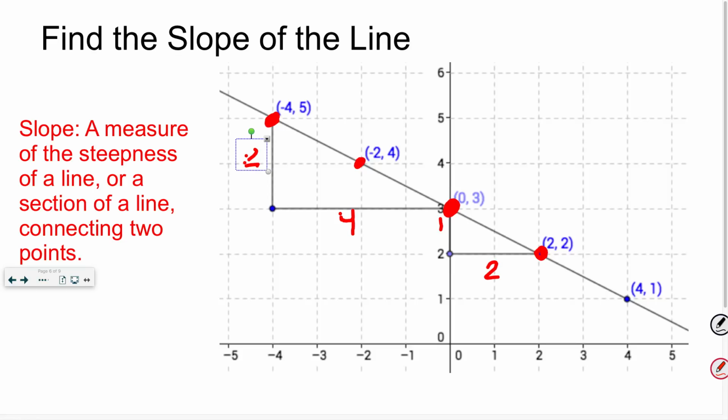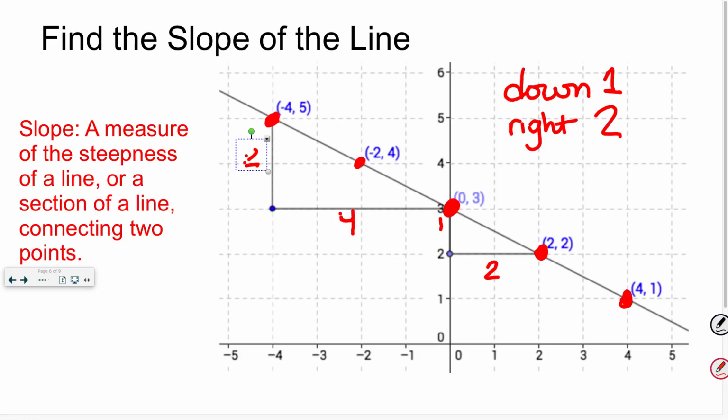What'd I do? You went down 1 and over 2. Good. And then how about from here to here? Down 1 over 2. Good.